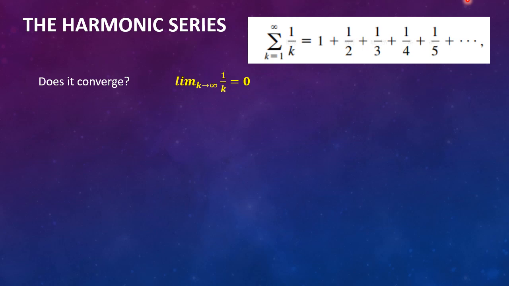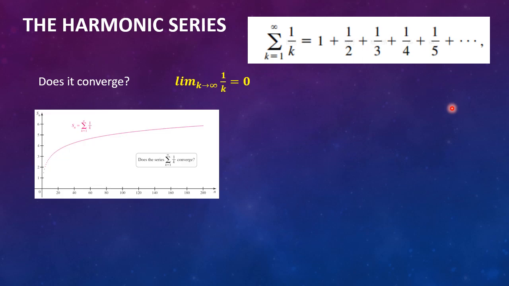Since there's no explicit formula for S sub n, a good idea is to analyze this numerically, okay? So if we look at the first 200 terms for S sub n, it does appear that it's leveling out, and it almost looks like it's maybe leveling between 5 and 6.